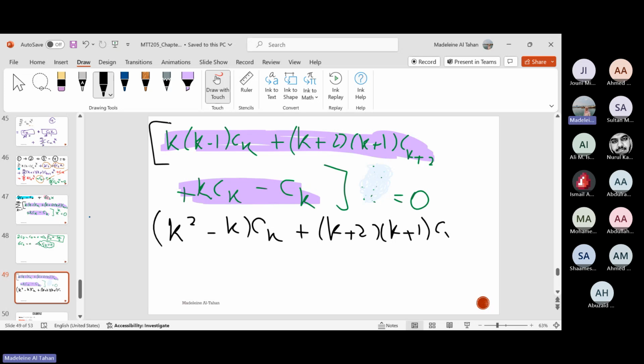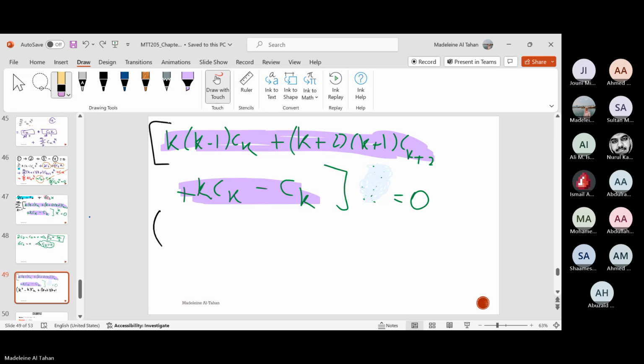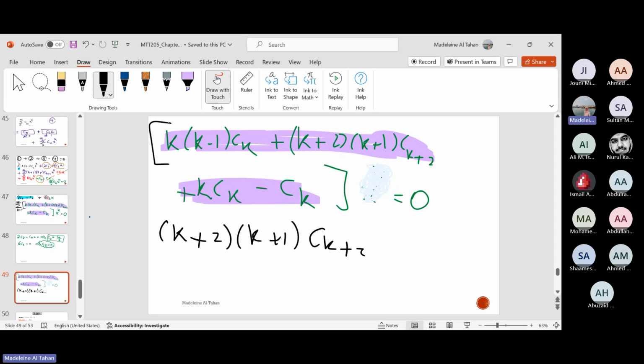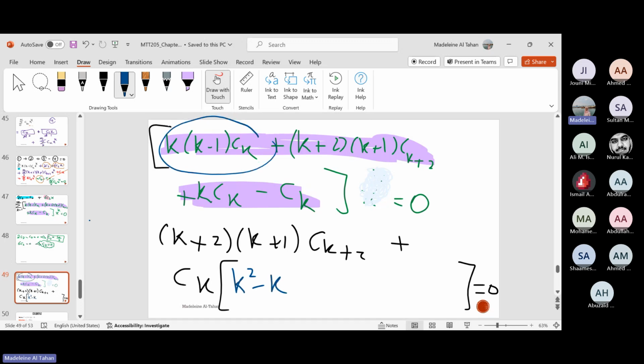So we have k plus 2, k plus 1, ck plus 2, plus ck. What's left for ck? k square minus k from here. From here we have plus k, and from here what do we have? Minus 1. Does it make sense?